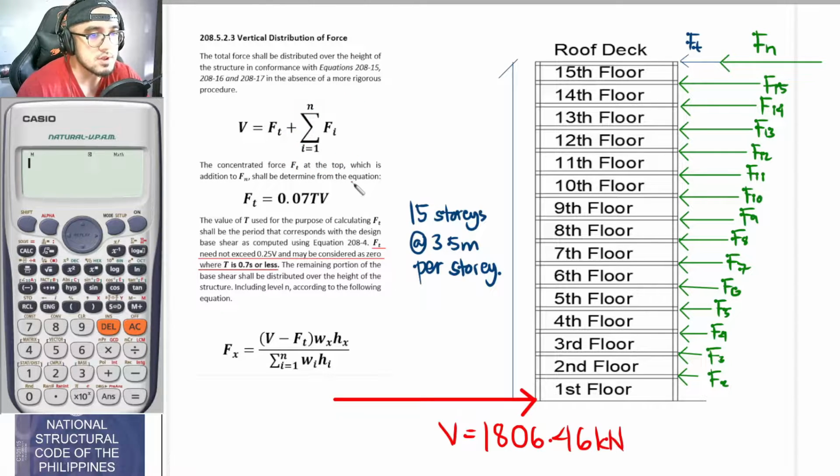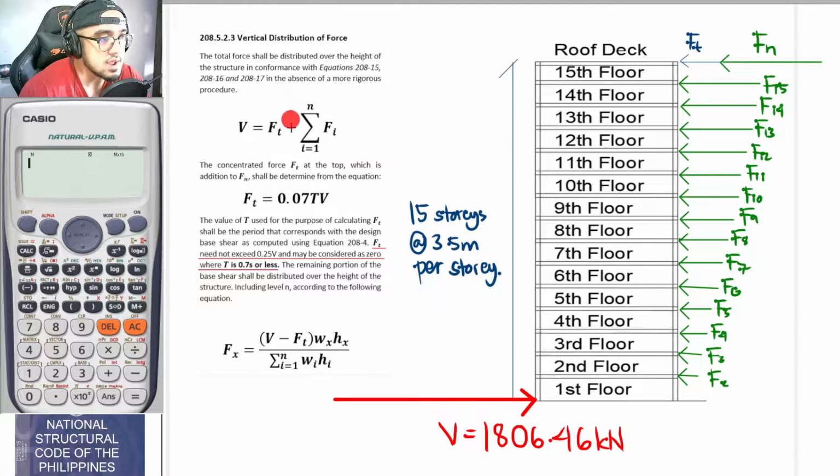In other words, in a graphical representation, your base shear V is this one here. By the way, this 1806.46 was already solved for in the previous video, so if you want to learn more about that, rewatch the previous video. The total base shear of 1806.46 kilonewtons must be equal to all of these forces on the right.